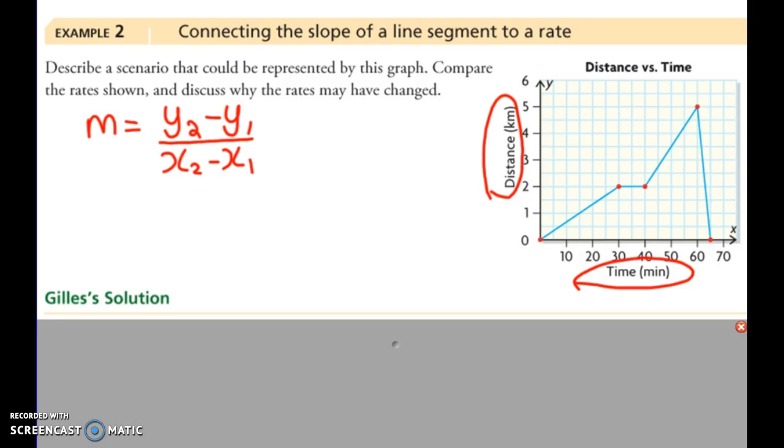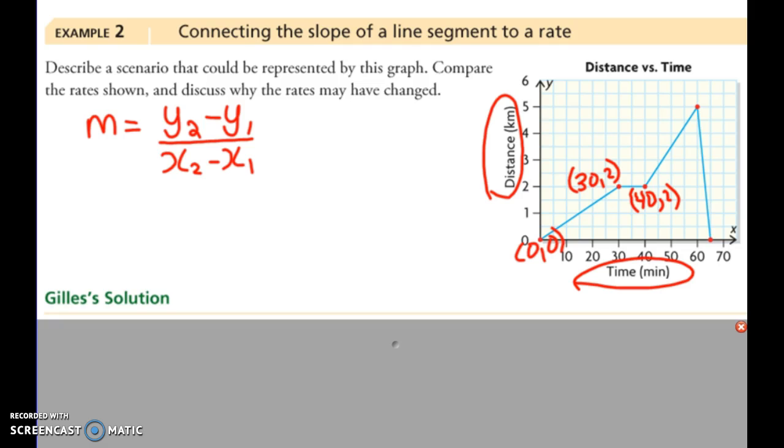So at this point, our y is 2, so this point is 30 over, 2 up. This point is 0 and 0. This point looks like it's 40 and 2 up.